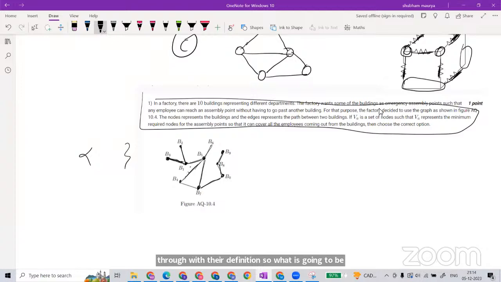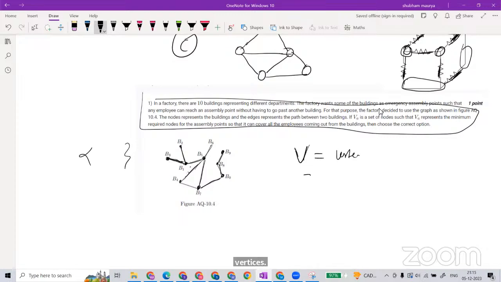Suppose V is the collection of all vertices, and E is the collection of edges. Vertex cover, I'm not saying minimum vertex cover, is going to be a subset of vertices, that is, a subset of V.